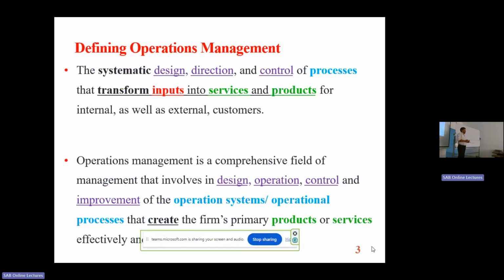We have different meanings for this. Operations. What are the different meanings you have there? Where have you used this term? Operations.